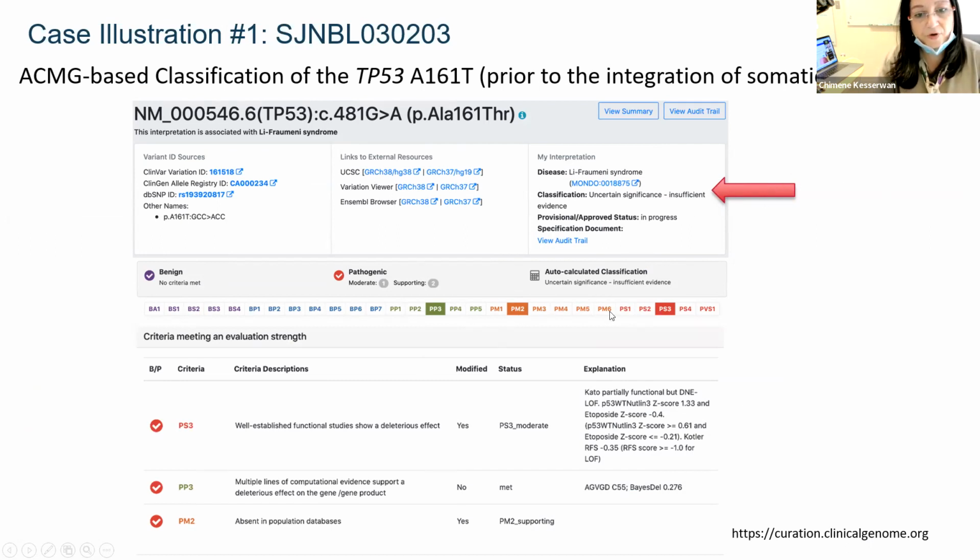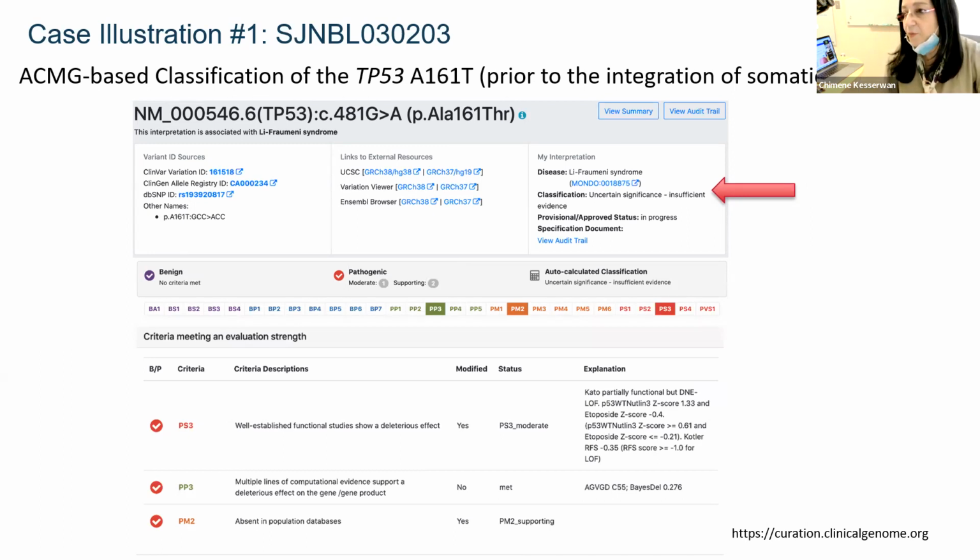So we have here one moderate and two supporting. So this variant is called uncertain significance. So is that enough? Are we satisfied with the VUS? Do we call it VUS and go on to the next patient? In fact, we said no, we need to investigate further.